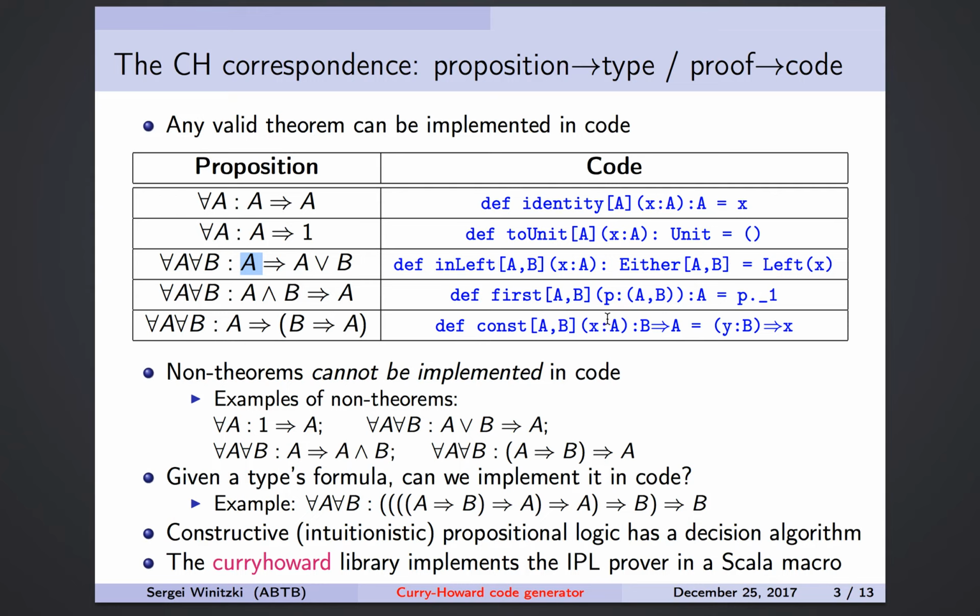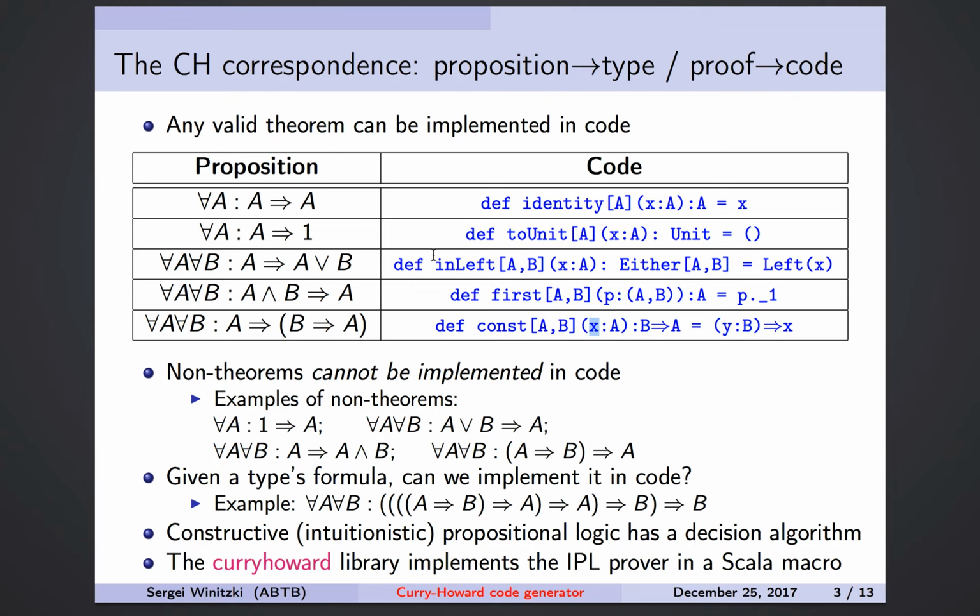So similarly here for the tuple, we take the left part of the tuple. And this slightly more complicated example is a constant function that takes x of type A and returns a function from B to A. And that's the function that ignores the argument B and returns that x that was given.